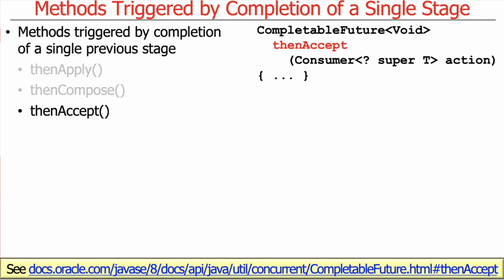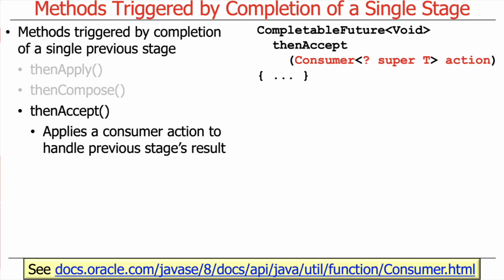The next method we're going to talk about, the next completion stage method that is triggered by the completion of a single stage, is called thenAccept. You can see it takes a consumer, which is the action to perform. Remember, a consumer takes a value but doesn't return a result, the opposite of a supplier. A supplier doesn't take a parameter and returns a result. It's typically used as a source, and a consumer is typically used as a sink.